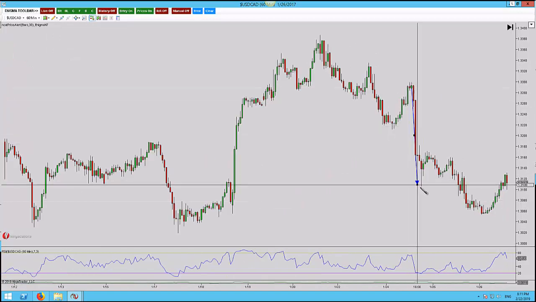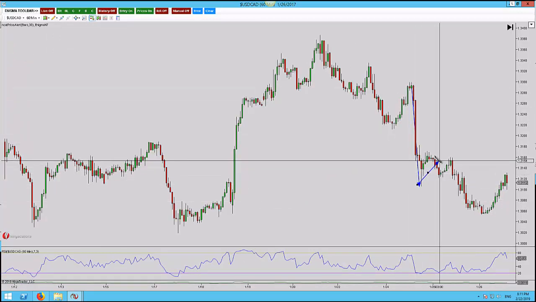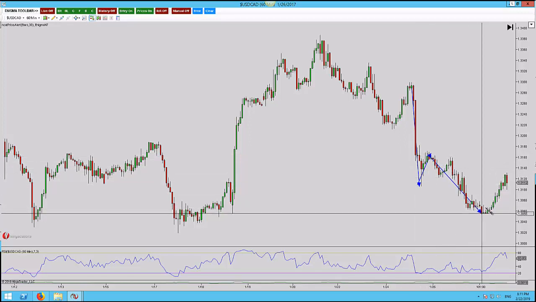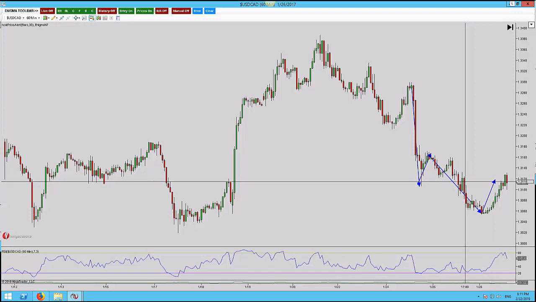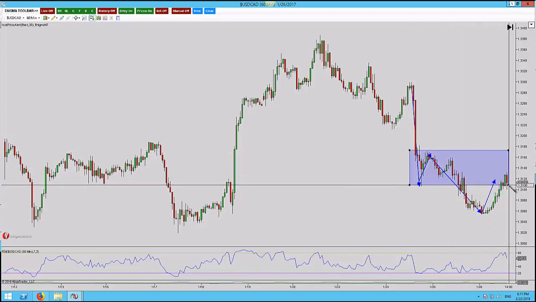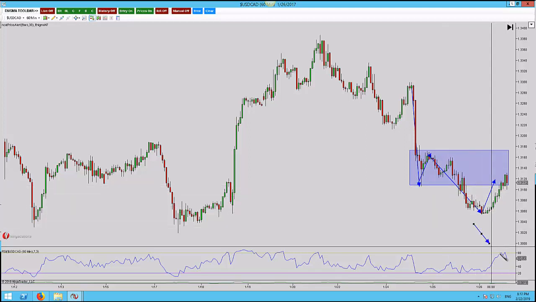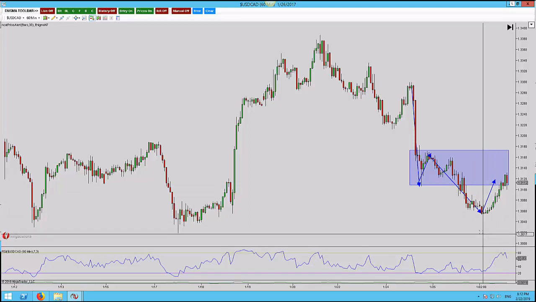On the dailies we haven't reached the low. You can see here though, if we're trending downwards like we are, anywhere within this zone, we can look for a shorting opportunity. So what we've just done as well on the RSI, we've just gone overbought, and there is room to come down.